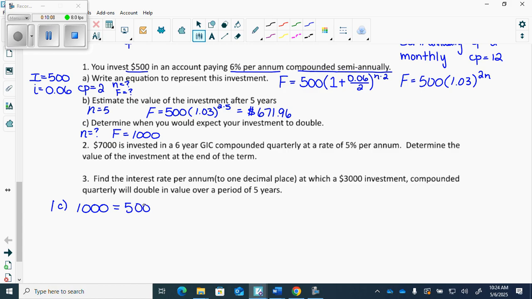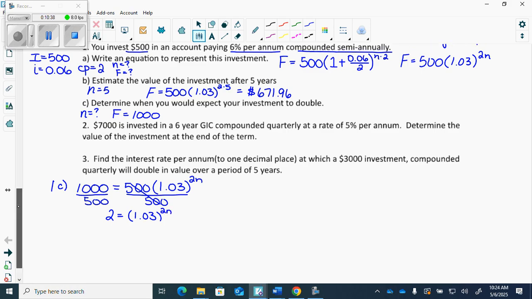And then my formula is 1.03 to the 2n. Now what did I tell you to do always when you have final and initial? Divide it over every single time. Take that initial and divide it over every time you have both. And divide by 500.